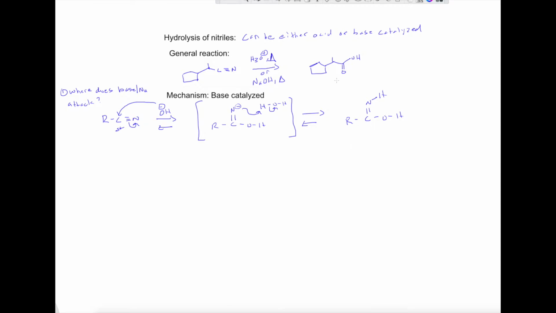So now what's going to happen is we have our intermediate, and we have more of our OH minus. That's going to drive this process that now very quickly gives us back the anion of the amine, which is going to, again, very quickly pick up another proton from water.